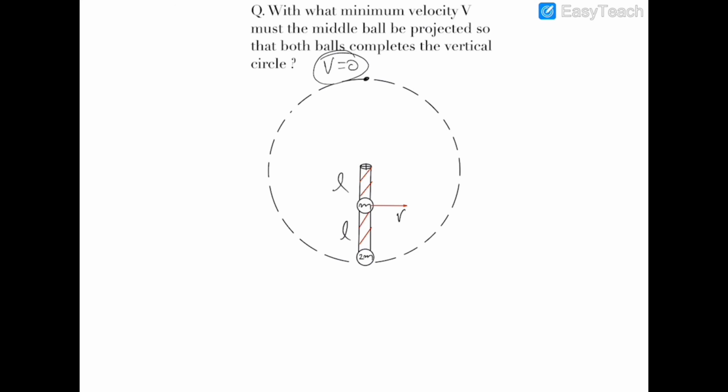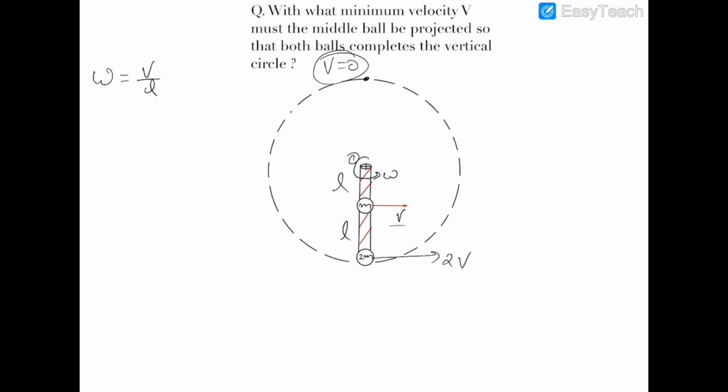Now we know that if we are giving a velocity v to the middle ball, then this ball will be moving with the velocity 2v, due to the fact that this ball of mass 2m is 2L distance away from the center O. Let us suppose the angular velocity is omega, so omega will be equal to v upon L, and omega remains constant for all the bodies which are moving in the same circular motion about the same center.